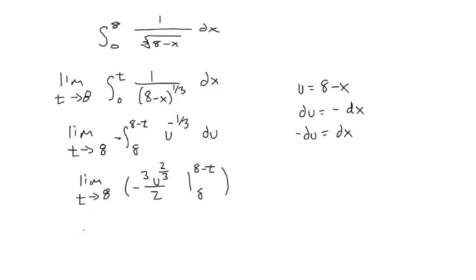And now we want to evaluate our integration, so we're going to have the limit as t approaches 8. And now I'm going to have negative 3/2 times 8 minus t to the 2/3 minus 8 to the 2/3.